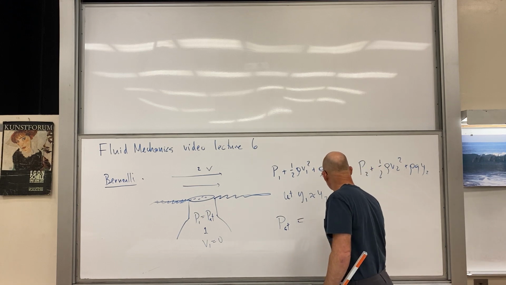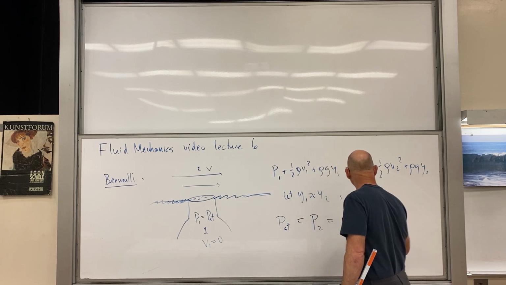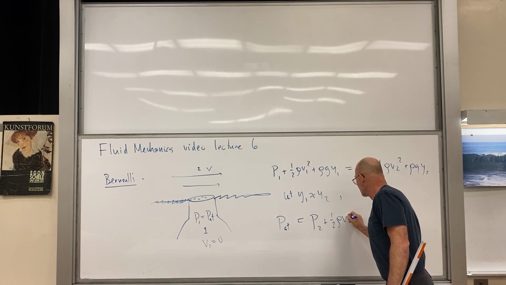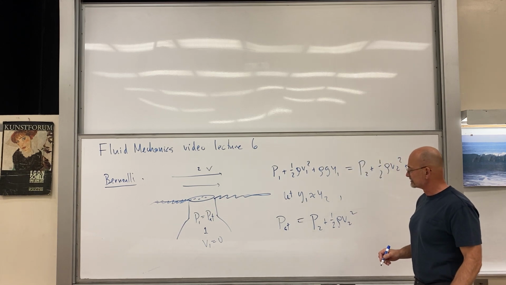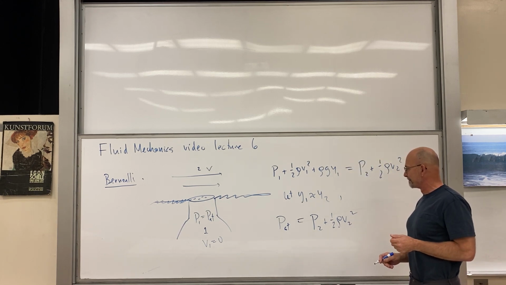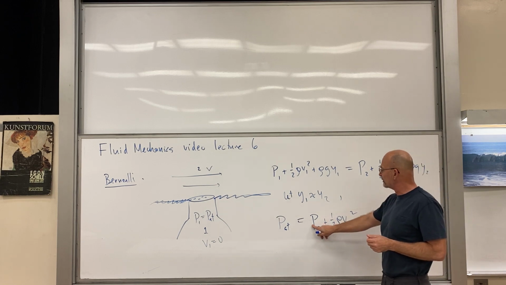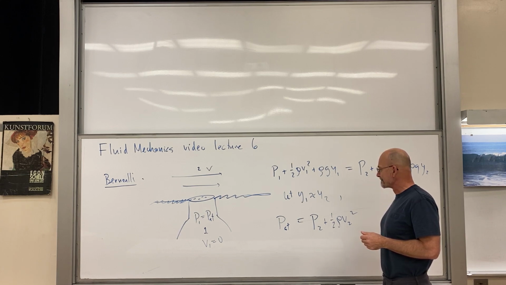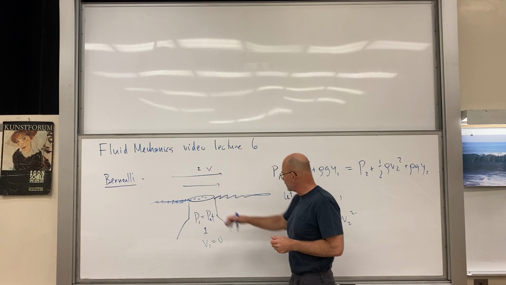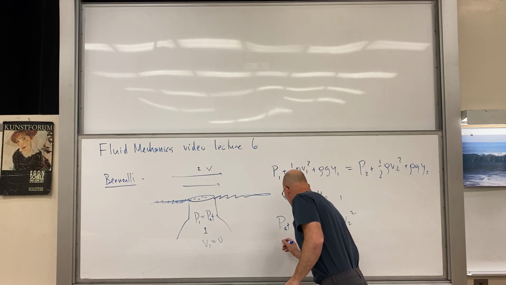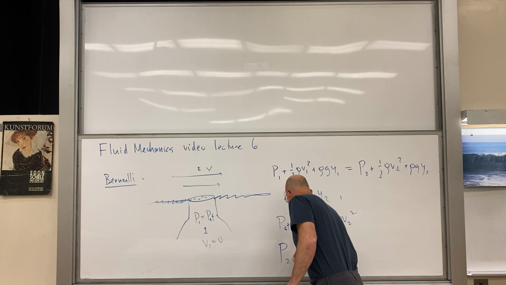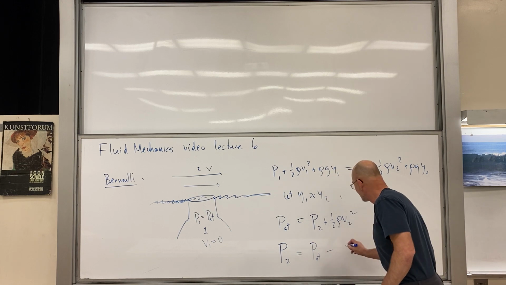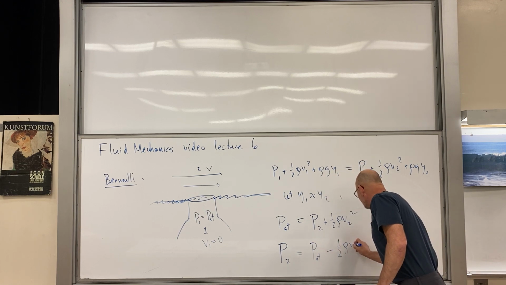So over on the right side, we have P sub 2 plus 1/2 rho V sub 2 squared. And now we can solve for P sub 2. Let's go ahead and do that first, and then we'll draw our conclusion. So P sub 2 is atmospheric pressure minus 1/2 rho V2 squared.